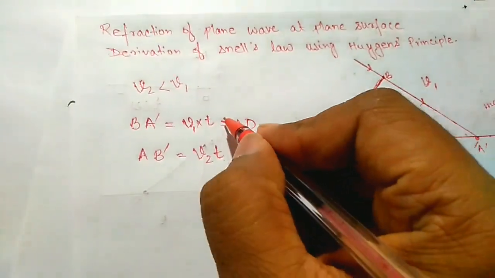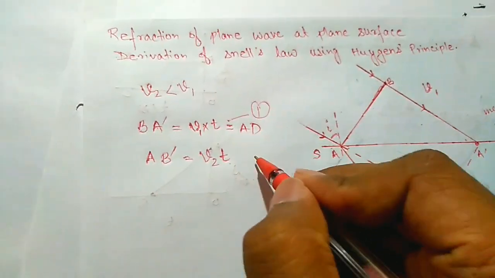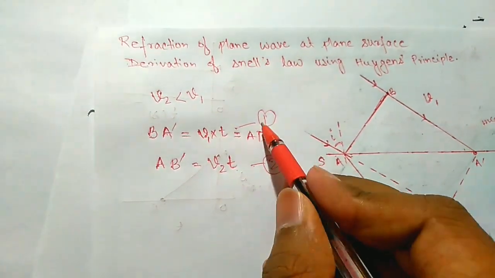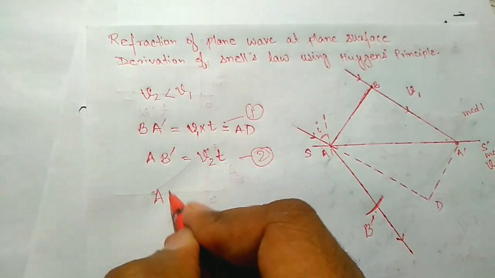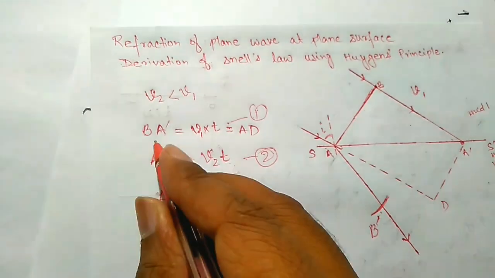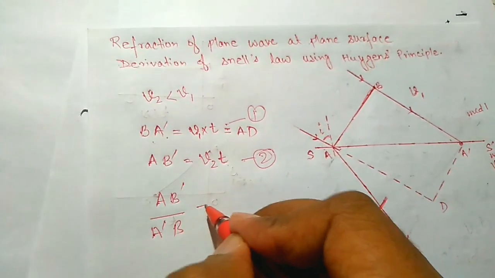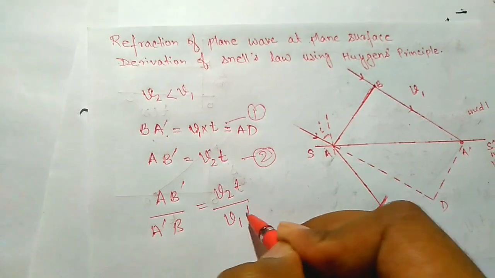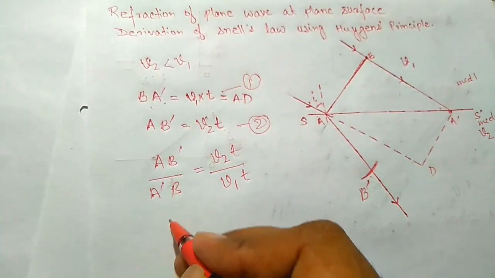So now taking this as equation 1 and this as equation 2, dividing the second equation by equation 1 means AB dash upon A dash B, this BA dash, I'm writing A dash B, is equal to V2T upon V1T. T will be cancelled. What you will get?